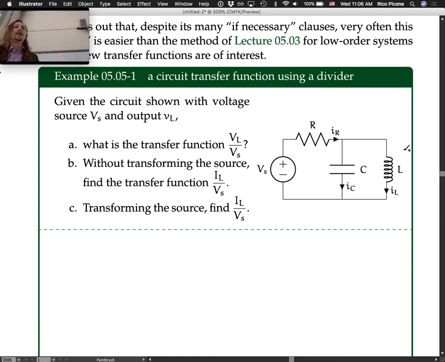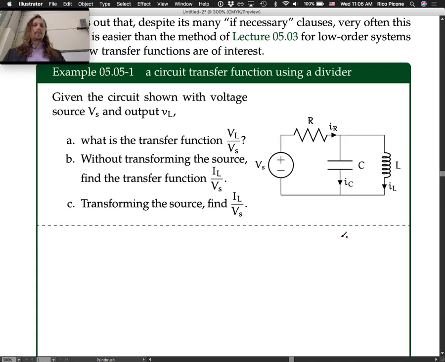And then an alternative route is to transform the source, as we'll do in part C, and find the same transfer function. So we're going to see all of the tricks that are involved in our shortcut method come in with this example. That's why I developed it.